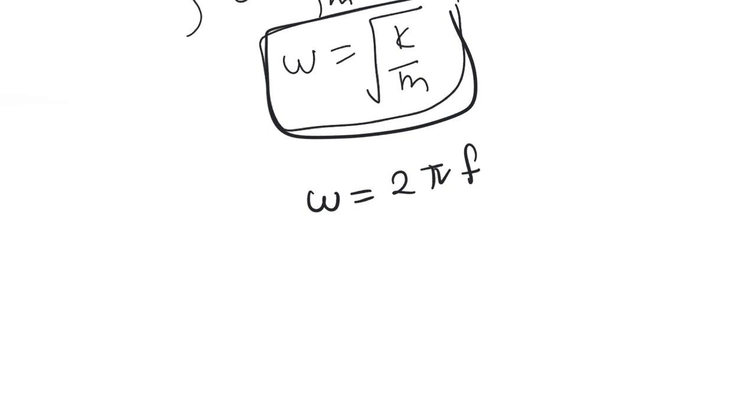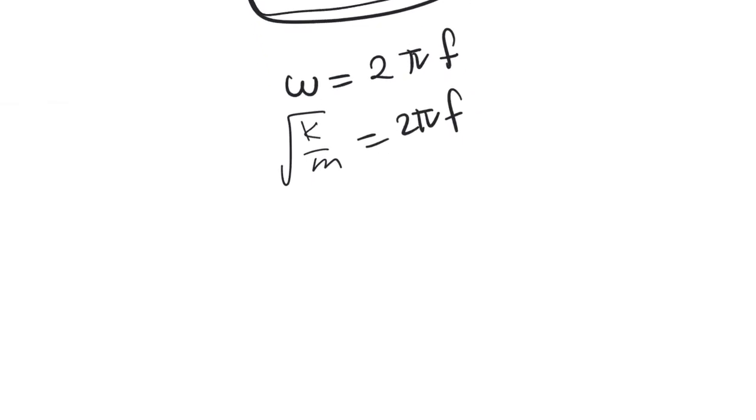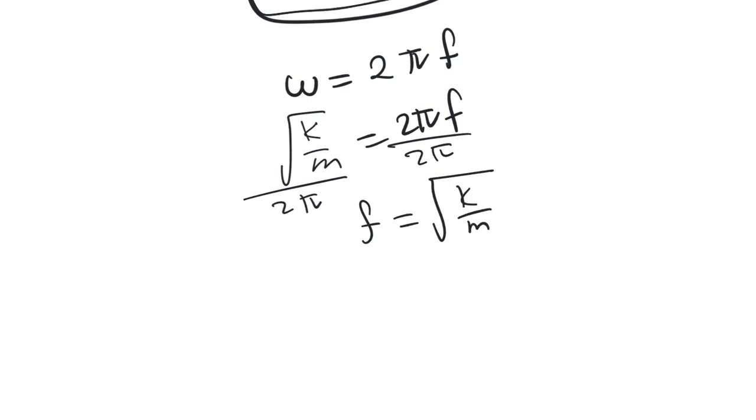So if we want to calculate f, we divide by 2 pi, so f will be the square root of k over m multiplied by 1 over 2 pi.